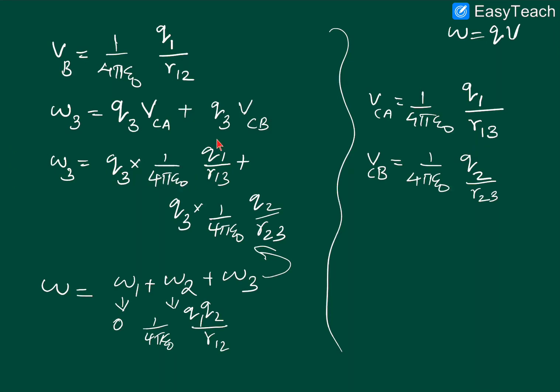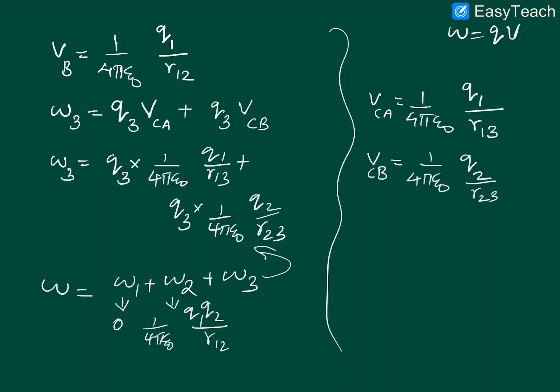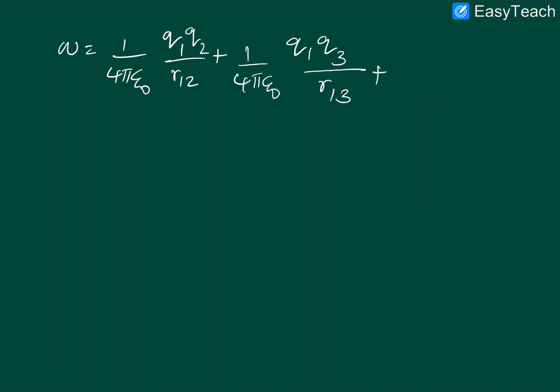Q3 into 1 by 4 pi epsilon 0 Q1 by R13, which is nothing but 1 by 4 pi epsilon 0 Q1 Q3 by R13, plus there is one more term, that is 1 by 4 pi epsilon 0 Q2 Q3 by R23.